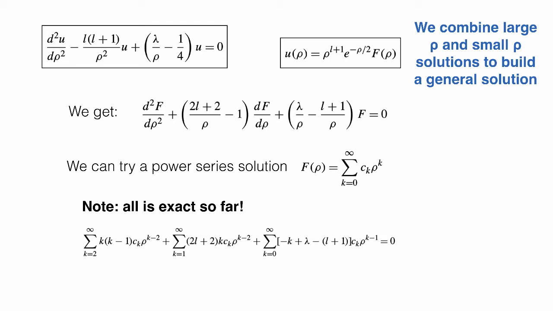Okay? Now, what we have to do now is to make a substitution. You're going to substitute k by k prime minus 2 for the first part. And for the second one, you're going to substitute k by k prime minus 1. Okay? This is what we do.